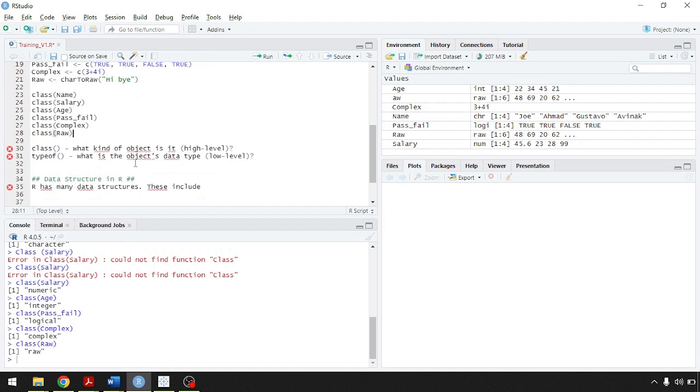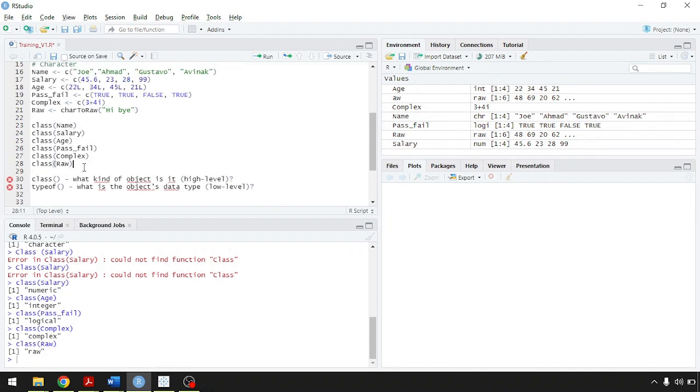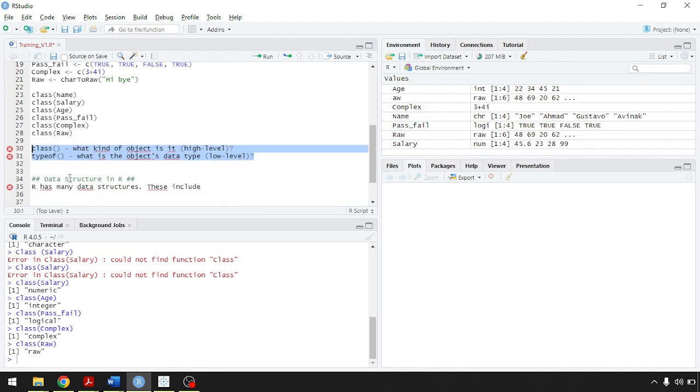Sometimes you have character high-level data whose low-level type is actually factor. This is why it's important to understand both of these functions in order to know both the high-level typology and the low-level typology of an object or variable.